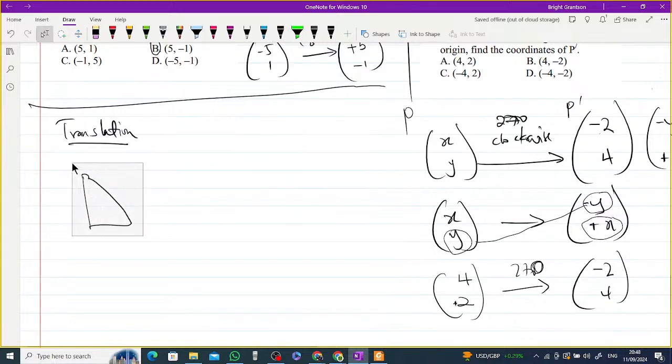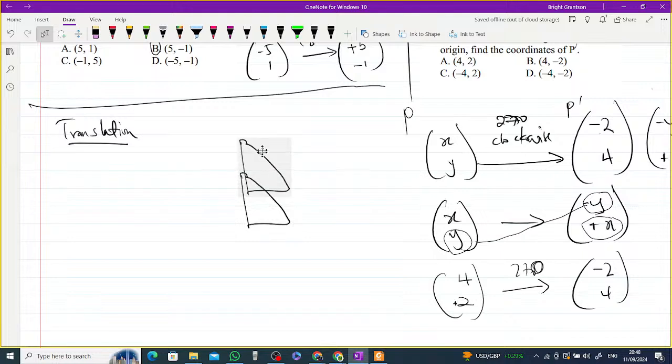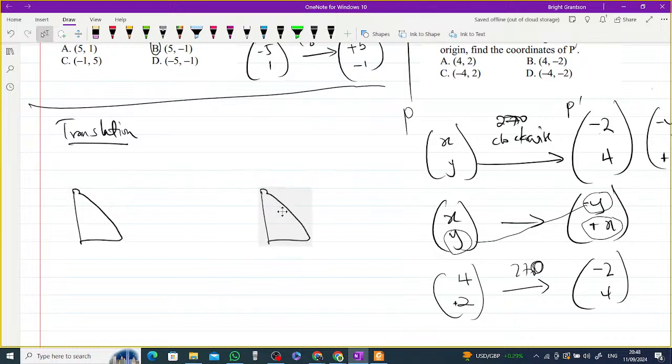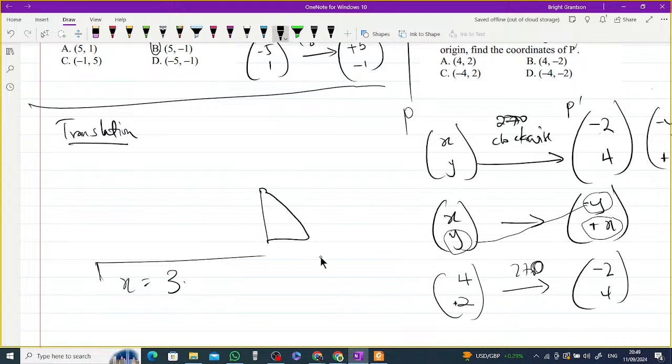Here, I just move it here, so I've translated it. If I move it here too, I've translated it. So the movement goes in x and y. If I move it from here to here, maybe 3 units to the x, so x equals 3.